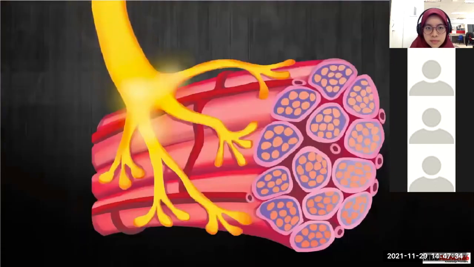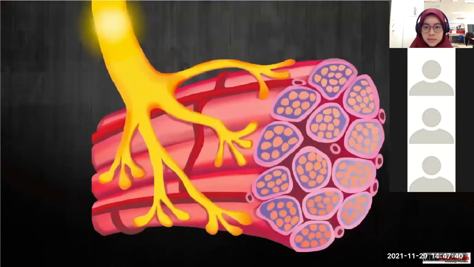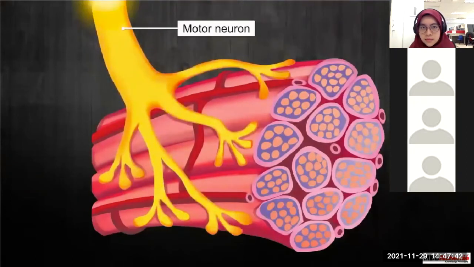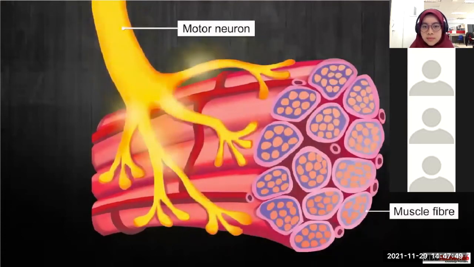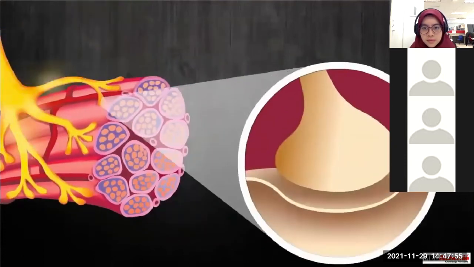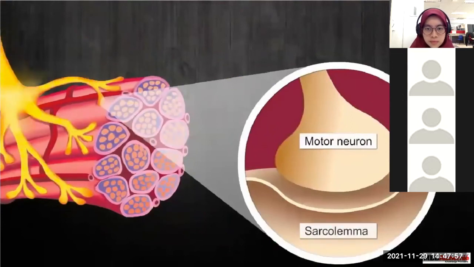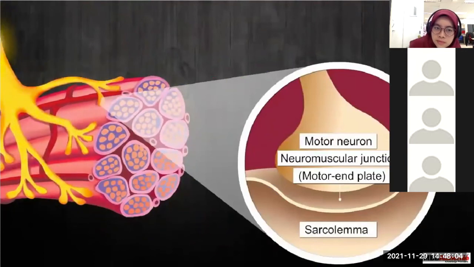The process of muscle contraction begins by a signal from the central nervous system, CNS. The signal is brought by the motor neurons from the CNS. These motor neurons are connected to the muscle fibers. The motor neuron with which a muscle fiber connects is called a motor unit. The junction between the motor neuron and the sarcolemma of the muscle fiber is known as the neuromuscular junction or the motor end plate.